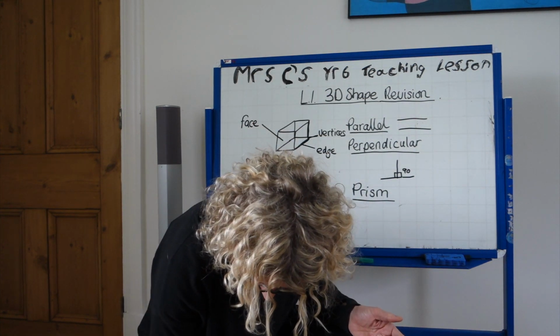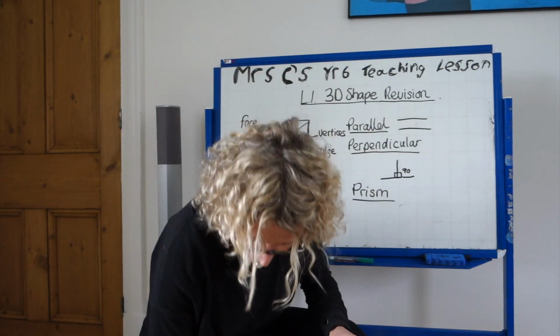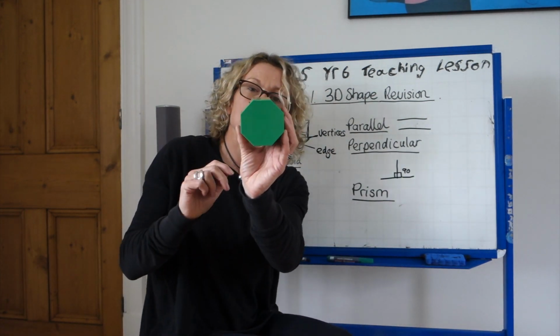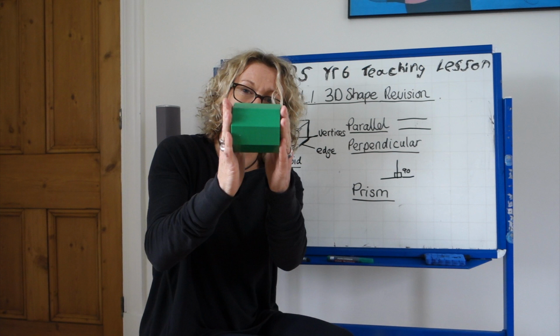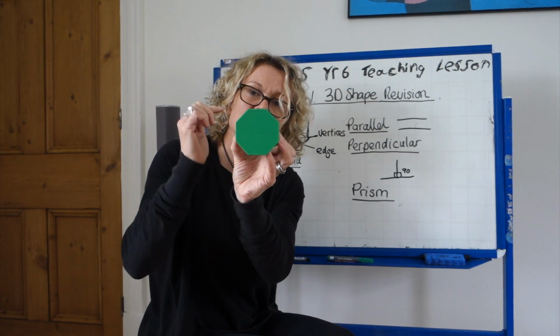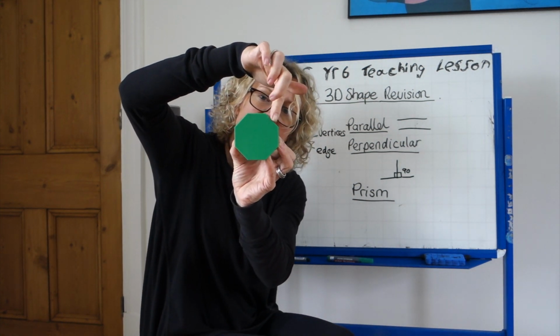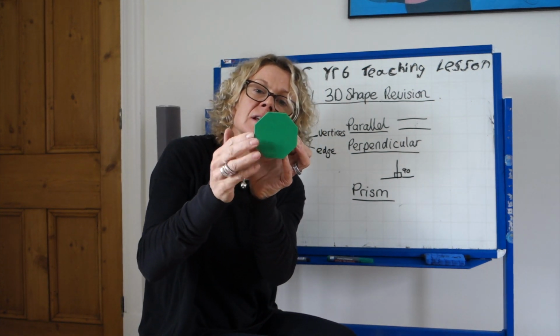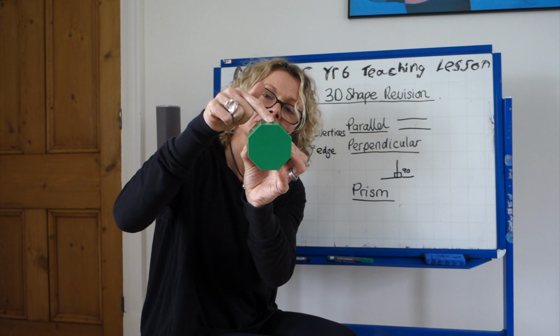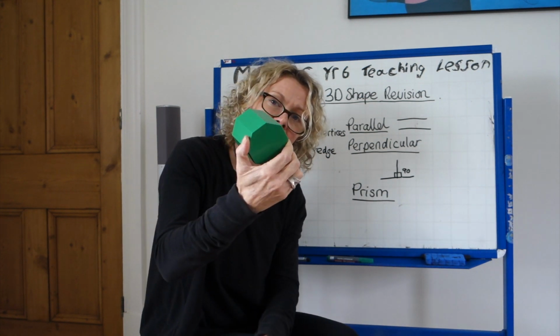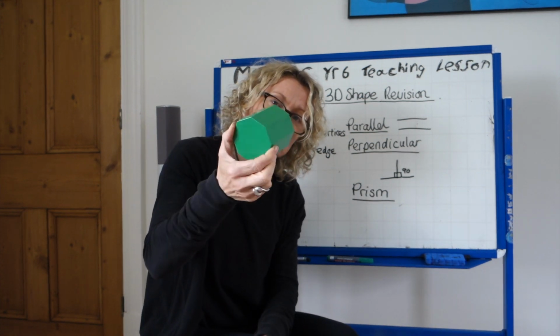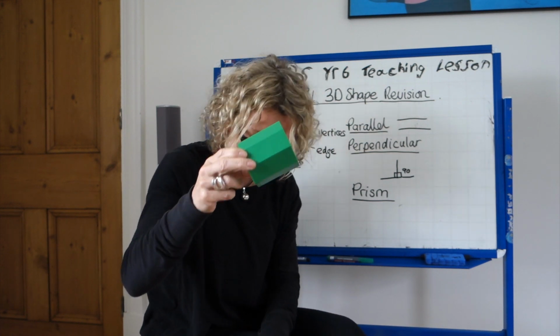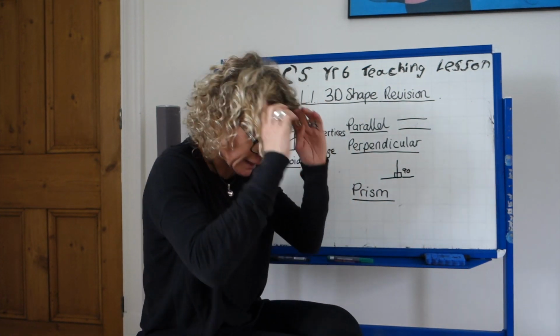What have we got next? This one. Okay, and we've got here 2 parallel end faces and how many sides? 1, 2, 3, 4, 5, 6, 7, 8. 8, octagonal prism.